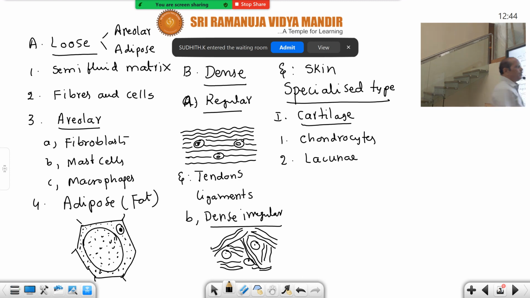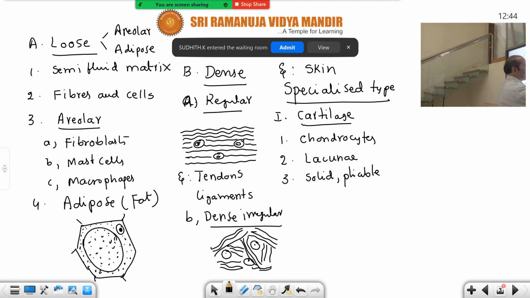Of course, the same fluid filled spaces, lacunae, are given under the bone, but under the cartilage this is not mentioned. The same is mentioned in the bony tissue. Chondrocytes present in the lacunae produce the solid pliable matrix.